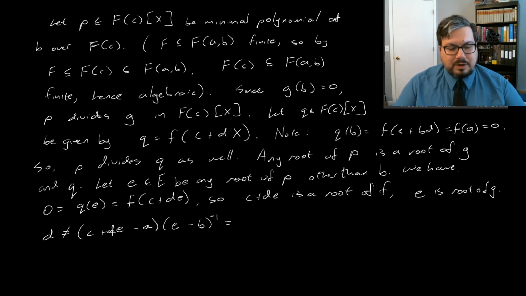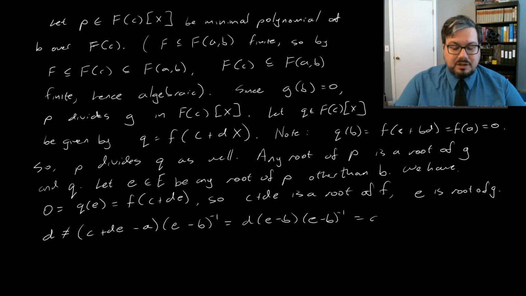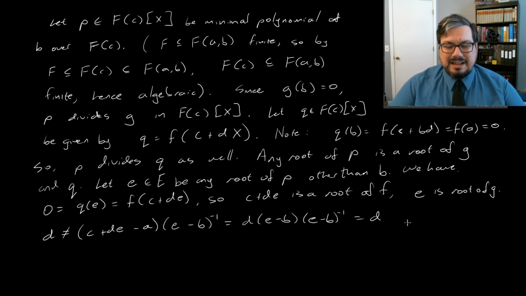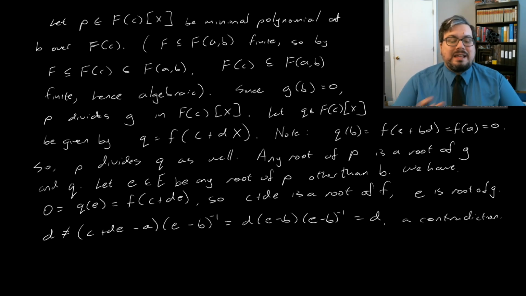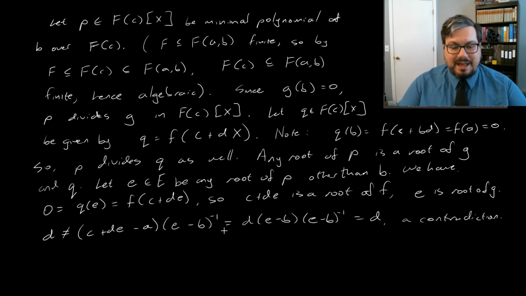But if we work out what this is, a is equal to c plus bd. And so if we subtract this all out, this gives us d times e minus b times e minus b inverse, which is d. So we have that d is not equal to d, a contradiction. Therefore, we can't have any root of p other than b. So b is the only root of p.